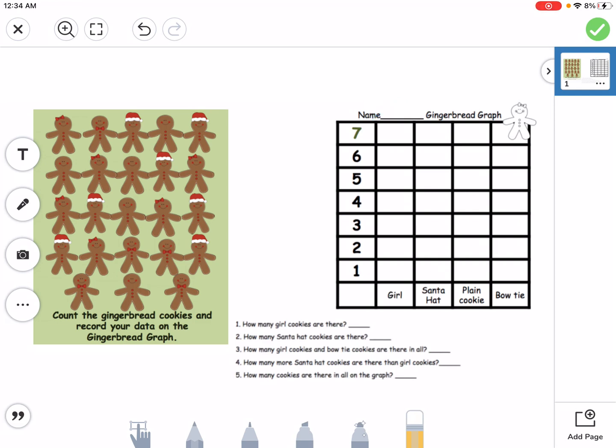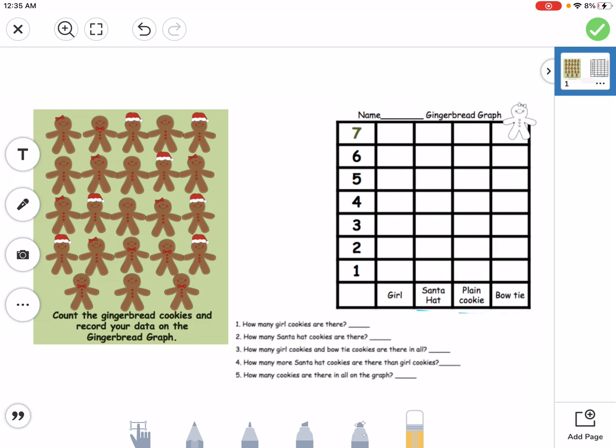Okay. So we've got gingerbread girl. We've got a gingerbread with a Santa hat. We have a plain gingerbread cookie. And we have a bow tie gingerbread. Okay? So we have to count how many girl gingerbreads there are.